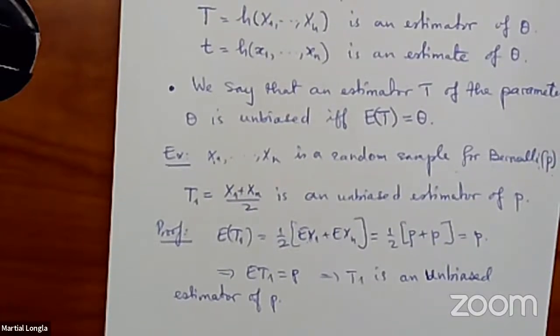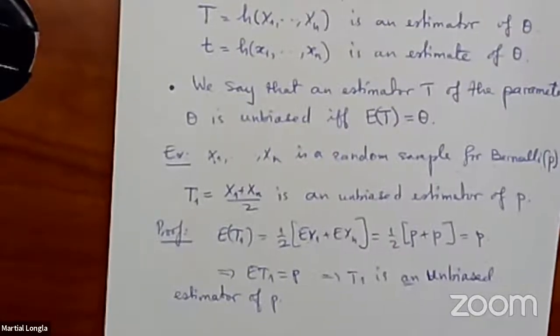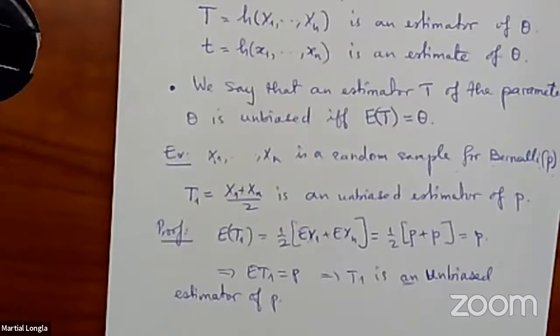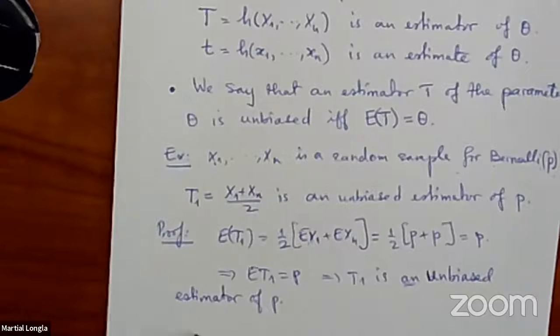And there are many estimators of P. It's not only one. And billions of them. I can define anything that will have expected value equal to P. That'll still be an unbiased estimator of P. Notice here I took the first and the last, I add them.